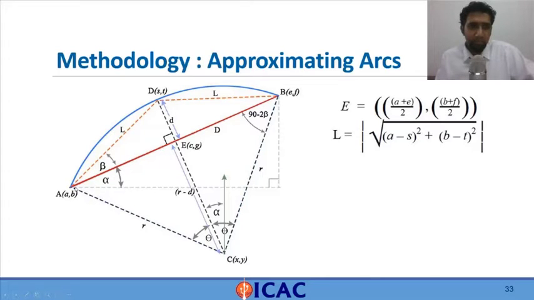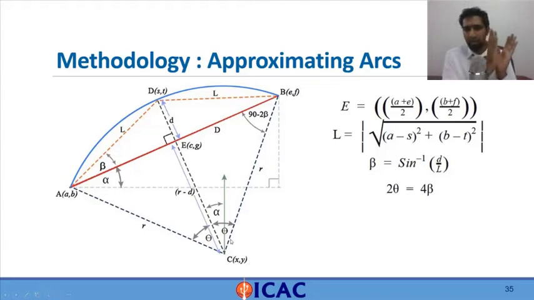Since this is a rectangle, it's easy to find this length, and you can find this angle, beta, which is sine inverse of d over L. I'm not going into detail, but you can show that the arc length angle is actually 4 times this angle, beta.